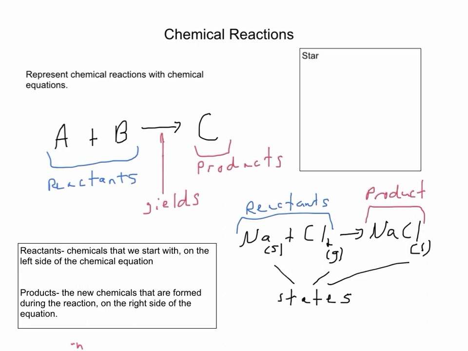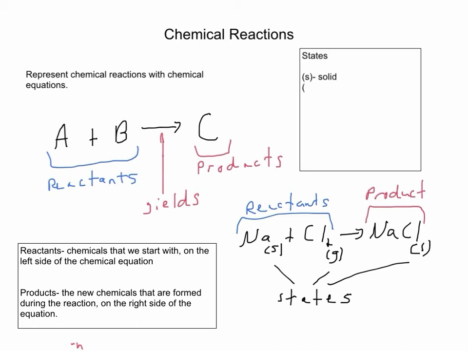And there are actually 4 states that we can have. So the first one that I have in the equation is s, and these are always lowercase letters, and s stands for a solid.